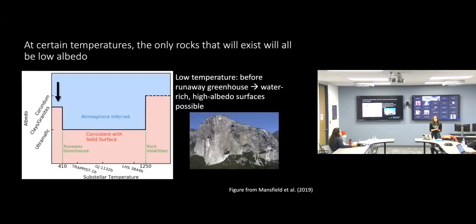So based on that, we figured out that there's essentially a temperature range where we can say for sure that we wouldn't get confused between a high albedo surface and an atmosphere on a planet. If we look at planets that are colder than the runaway greenhouse limit, these high albedo surfaces like granites could exist, and we might not be able to tell the difference between a planet with a high albedo surface and a planet with an atmosphere.